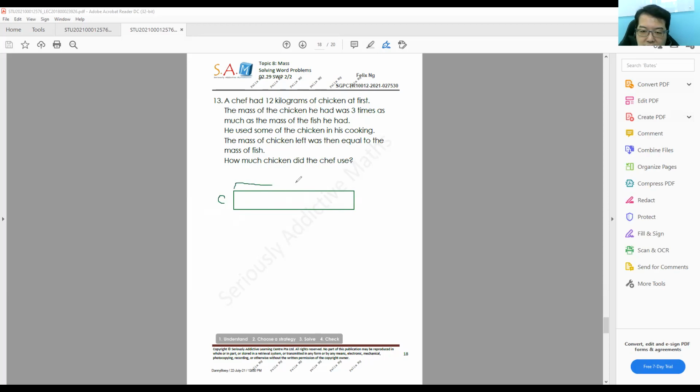This is 12 kg. All right. And then the chicken is 3 times as much as the mass of fish. So that means I've got to split this up, chicken, into 3 parts. 1 time, 2 times, 3 times. And so the fish would be 1 time.